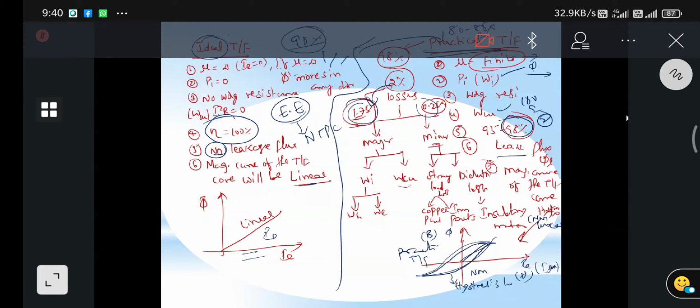So that's why I can simply say that an ideal transformer is one which has no ohmic resistance and no magnetic leakage flux, and that is, all the flux produced in the core links with the primary and secondary.